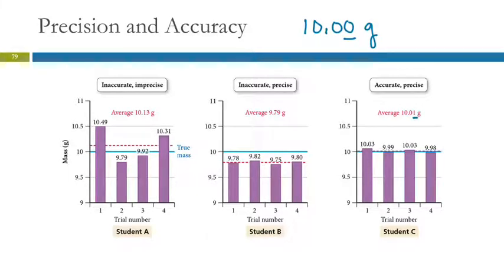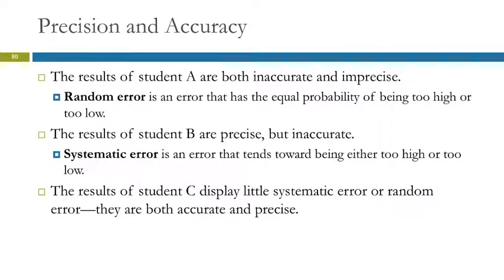It's in that second decimal place. If there's a difference in the uncertain digit, we say that's fine. We know that's uncertain. So this student nailed it, right? Very accurate. And look at how close the results are. Very precise too. So that's what we're always aiming for. That's the difference between accuracy and precision. So student A was inaccurate and imprecise.